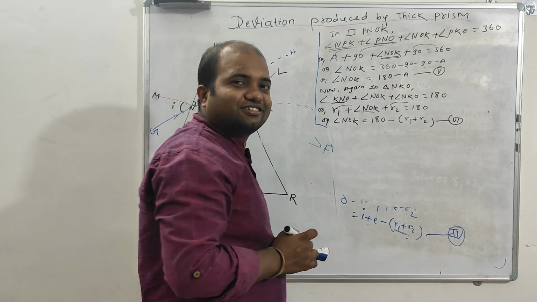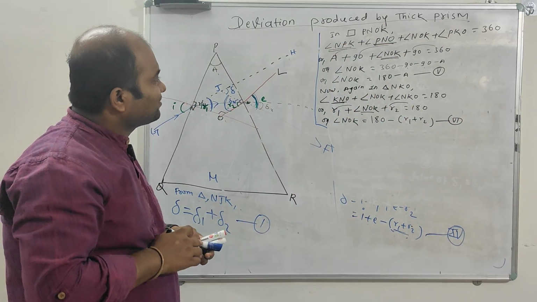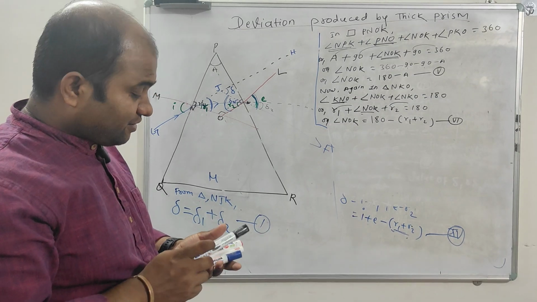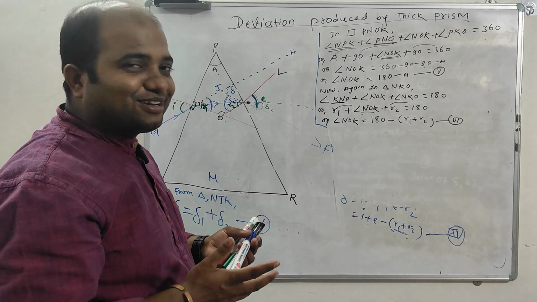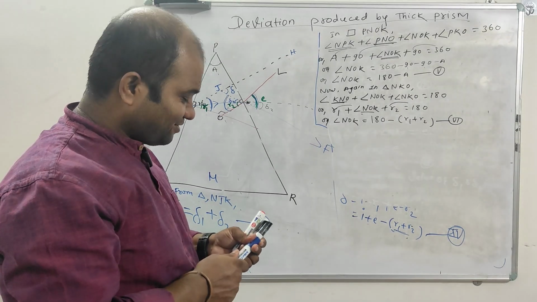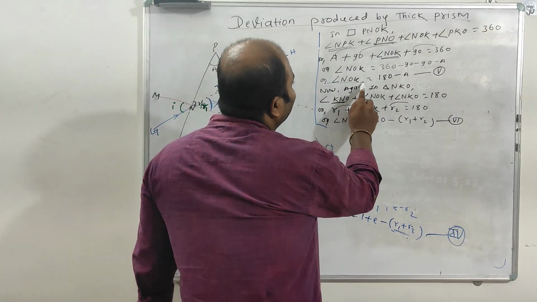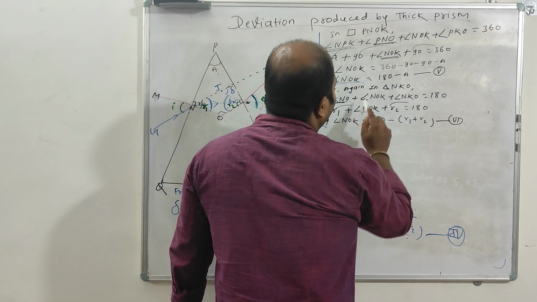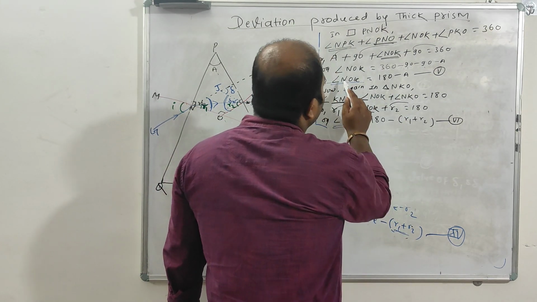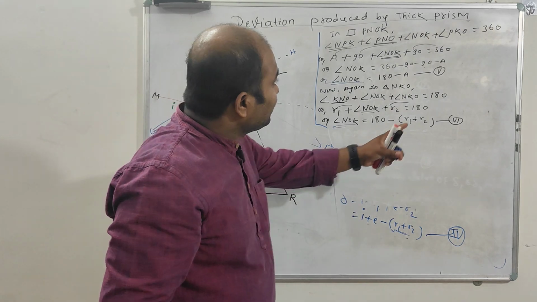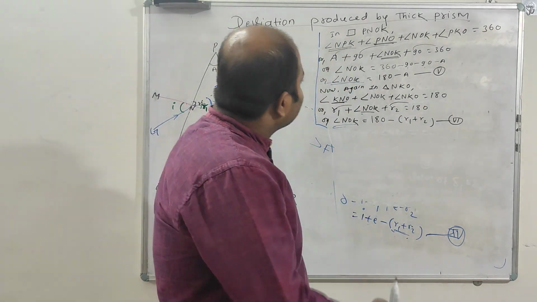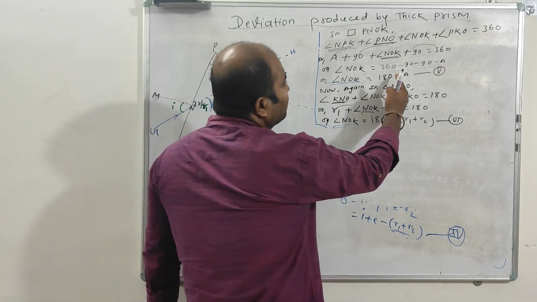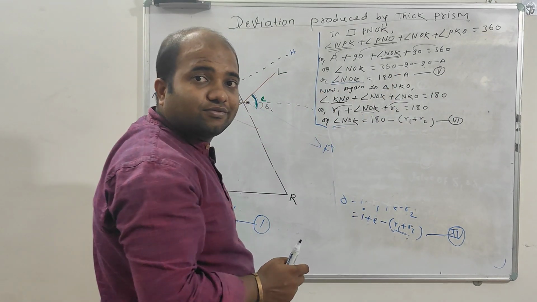Now something is similar between the 5th and 6th equations, and we identify it. If you see clearly, it is clearly visible actually. This angle is equal to this angle. That means the left sides of equations 5 and 6 are the same. If the left sides are equal, automatically the right sides will be equal, right?